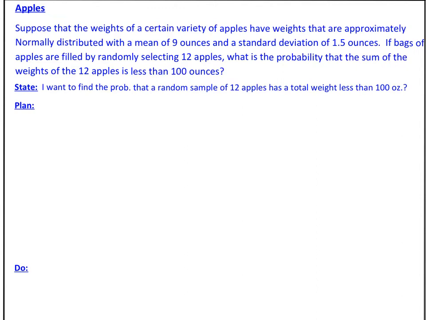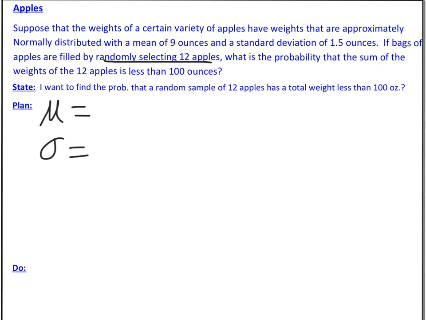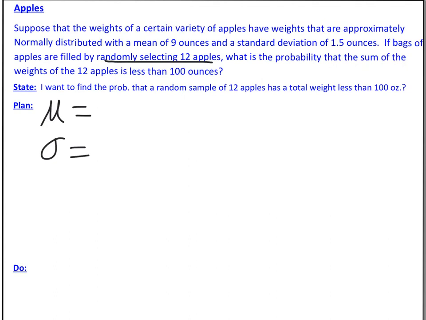I'll show you one of each here. So this one can be really, really tricky because you look at it and it kind of feels like multiply by a constant, like we should multiply by 12. The issue here is that we randomly select 12 apples. So it's like 12 separate random selections.